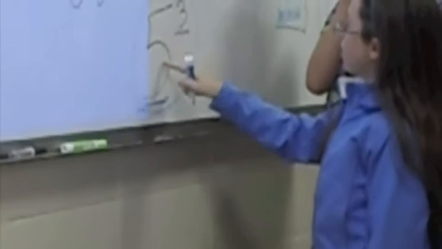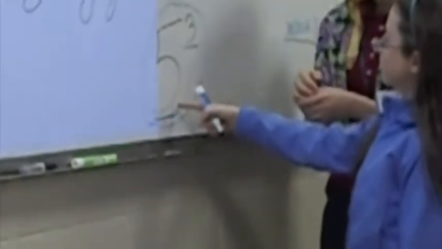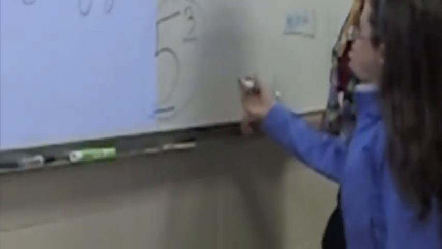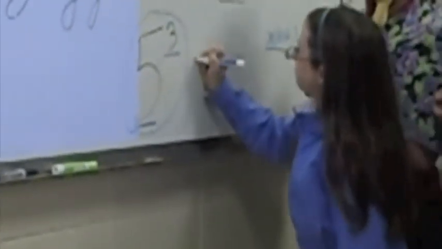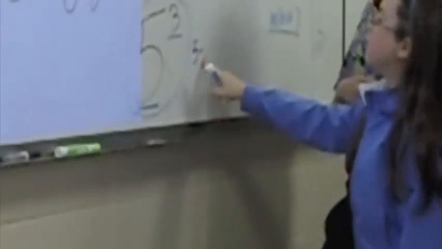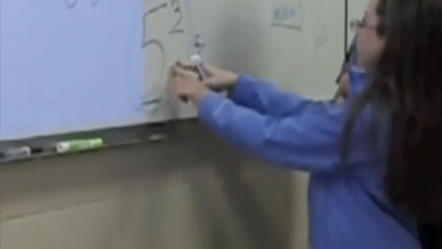This means 5 to the power of 3, or 5 cubed. So 5 to the power of 3 would be 5 times 3? No, times itself, because the 3 says that you're going to multiply 5 three times.